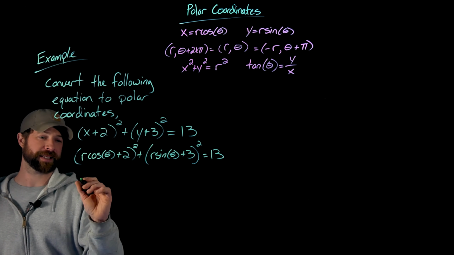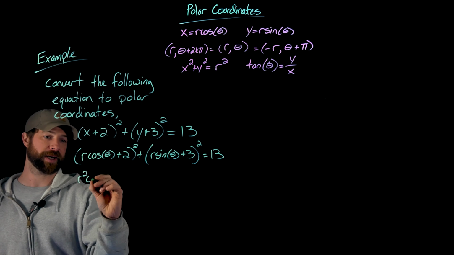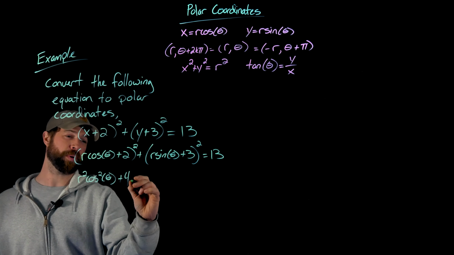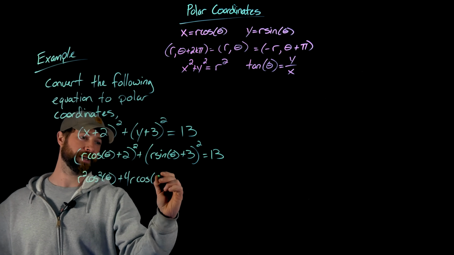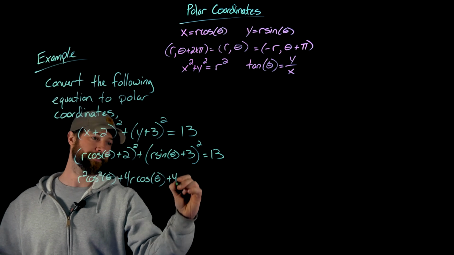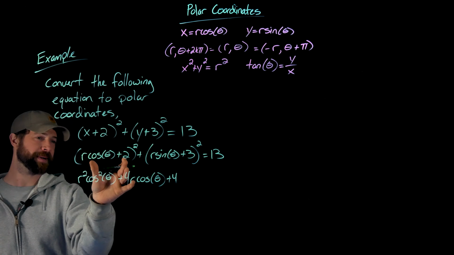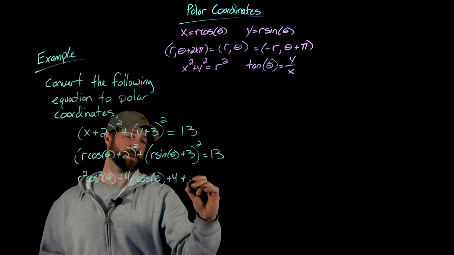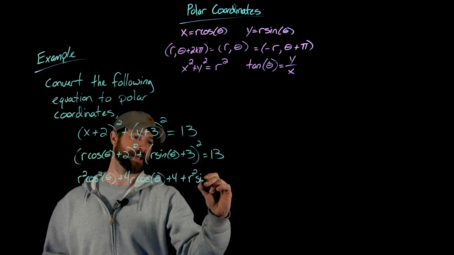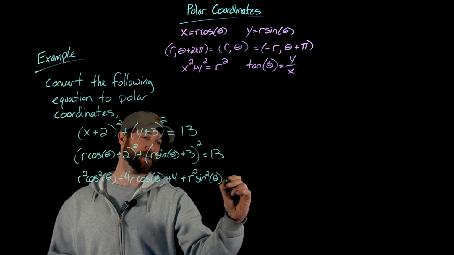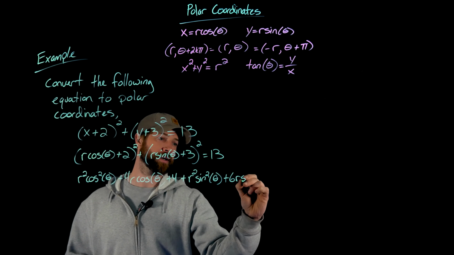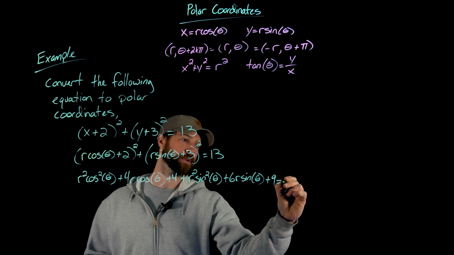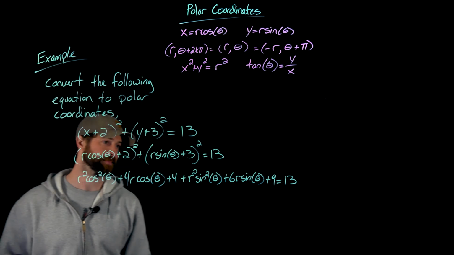When I expand this out, what I get is r squared cosine squared of theta plus 4r cosine of theta plus 4. So that's me expanding this expression right here. Exactly the same treatment with this will give me r squared sine squared of theta plus 6r sine of theta plus 9 equals 13.